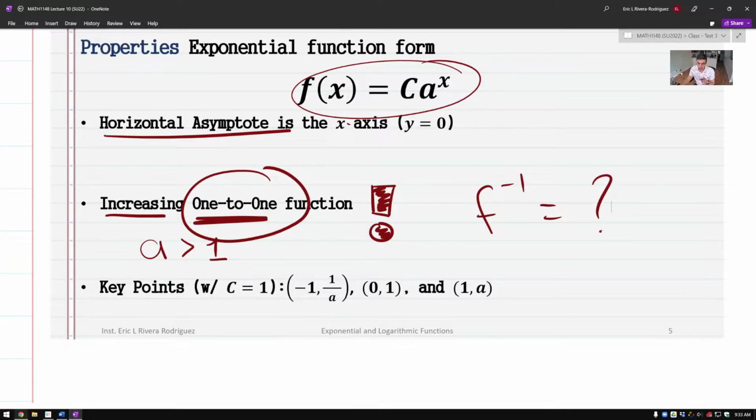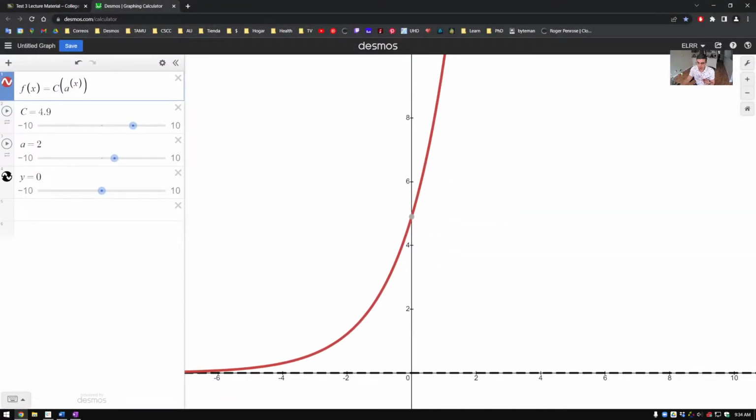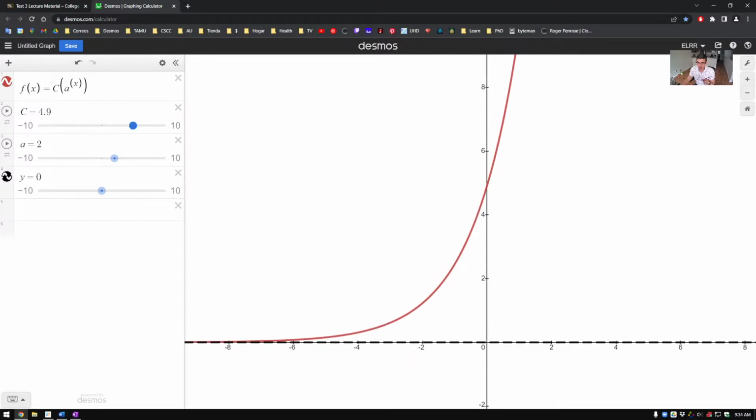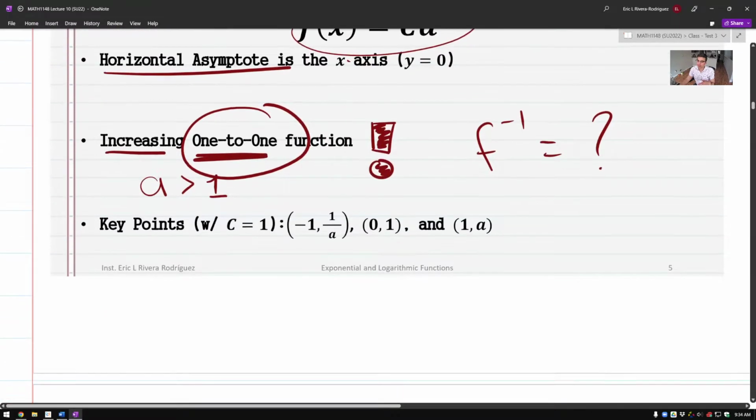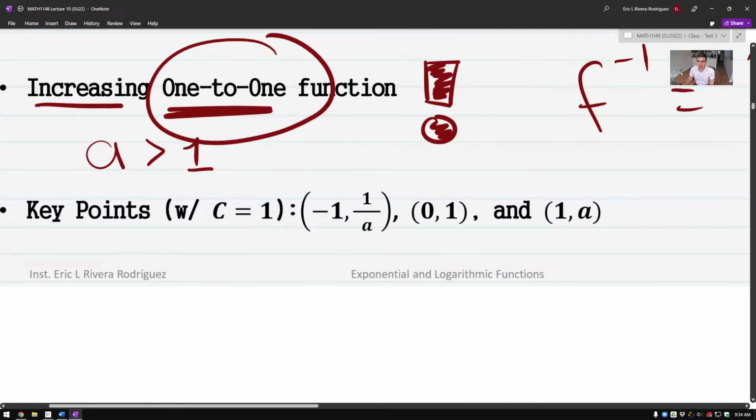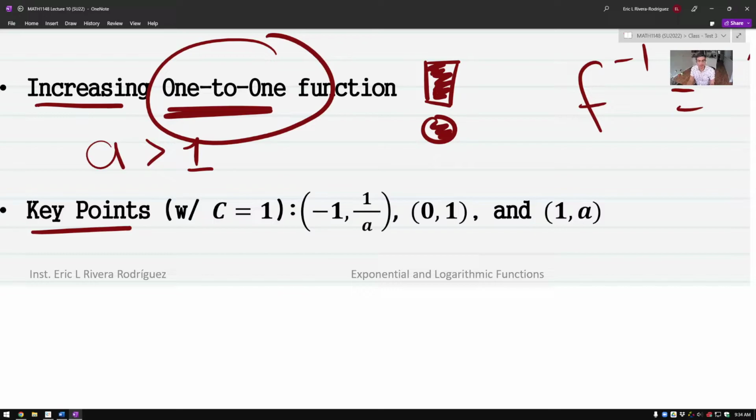Let's see that again on Desmos. With a being 2 and c being 4.9, there we have an increasing behavior. If we move to the right side, the curve goes up. And we have 3 key points for the exponential function.